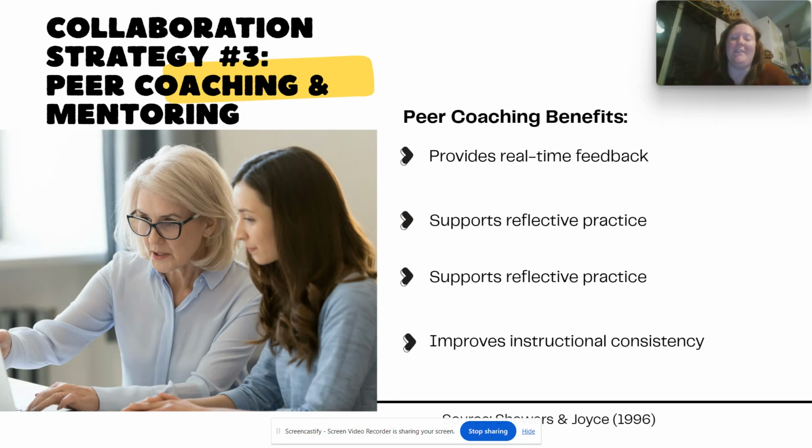And then it also improves instructional consistency. So someone outside saying, oh, hey, I noticed you didn't do this as much, or you could do this better, or asking the question of how do you feel you did in this, we can reflect on that and say, oh, I need to be better and more consistent in teaching this way, or giving positive praise, whatever.